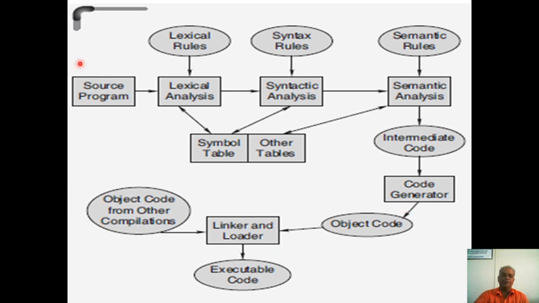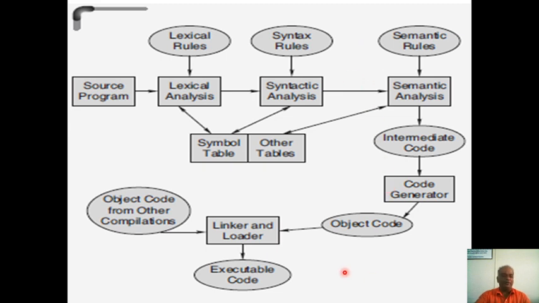This code generator generates the object program of the source program, which is noted as .obj. Which is nothing but a machine language program. So the output machine language code is known as object program. This object program is in the form of zeros and ones.